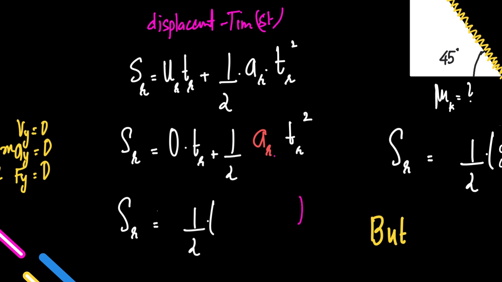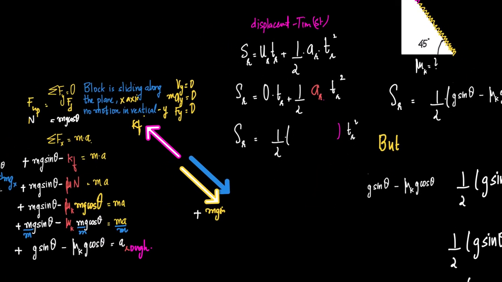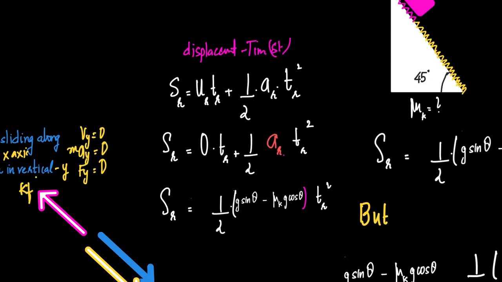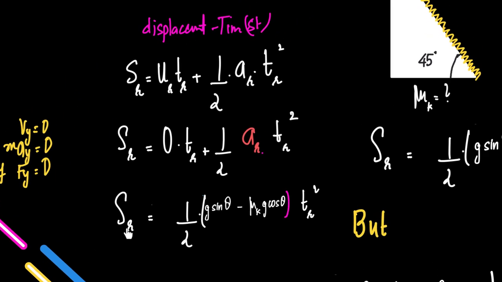Now what is acceleration along the rough plane? From here, I can just copy it over here. So acceleration on the rough plane is this value, right? So we have s_R is equal to half into g sin theta minus mu k into g cos theta into t_R square.